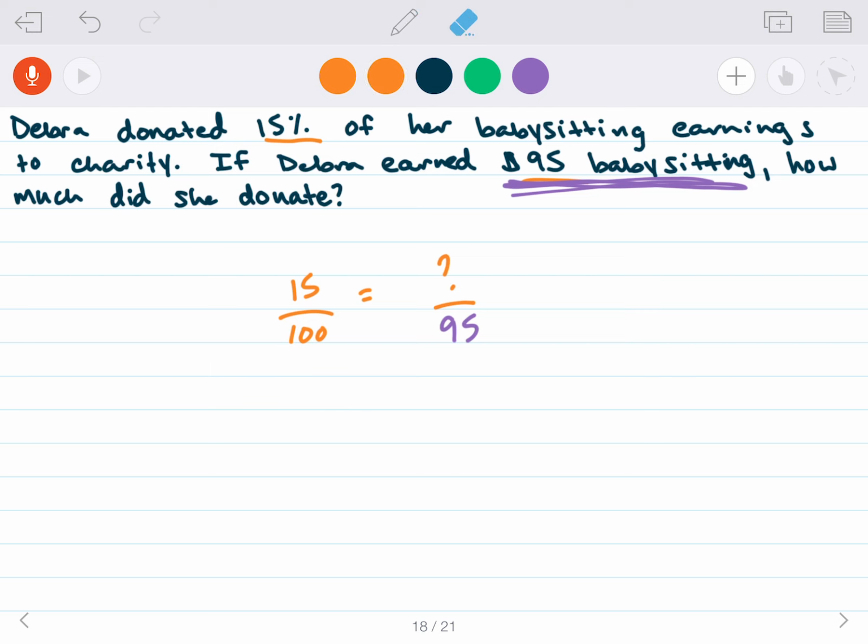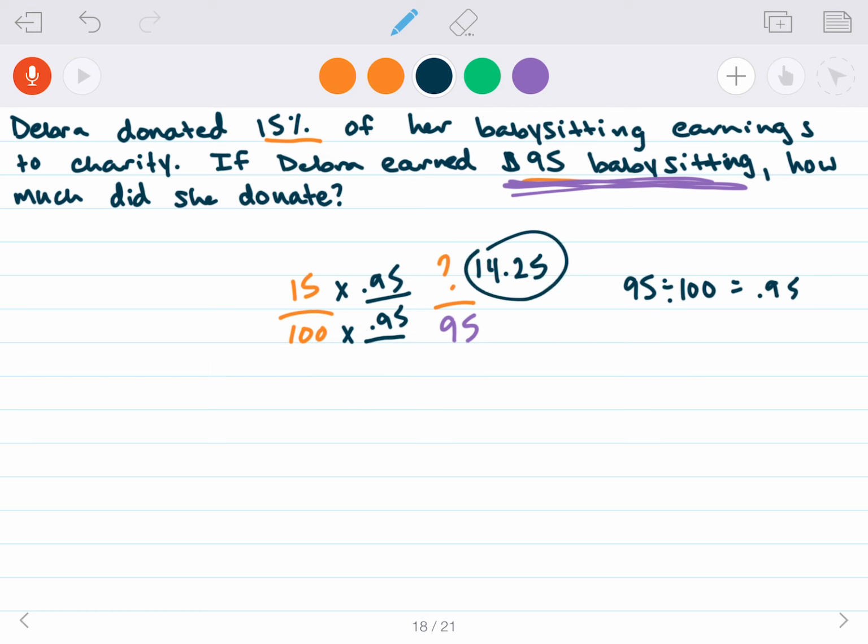And as we can see on the bottom, 100 times what is 95? Well, 95 divided by 100 is 0.95. So I need to multiply top and bottom by 0.95. And 15 times 0.95 is going to be 14.25.